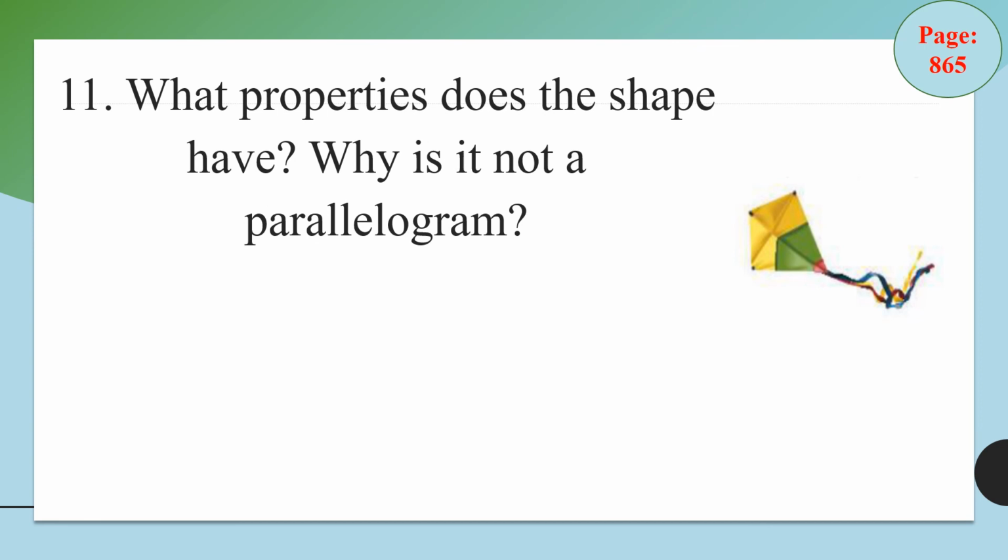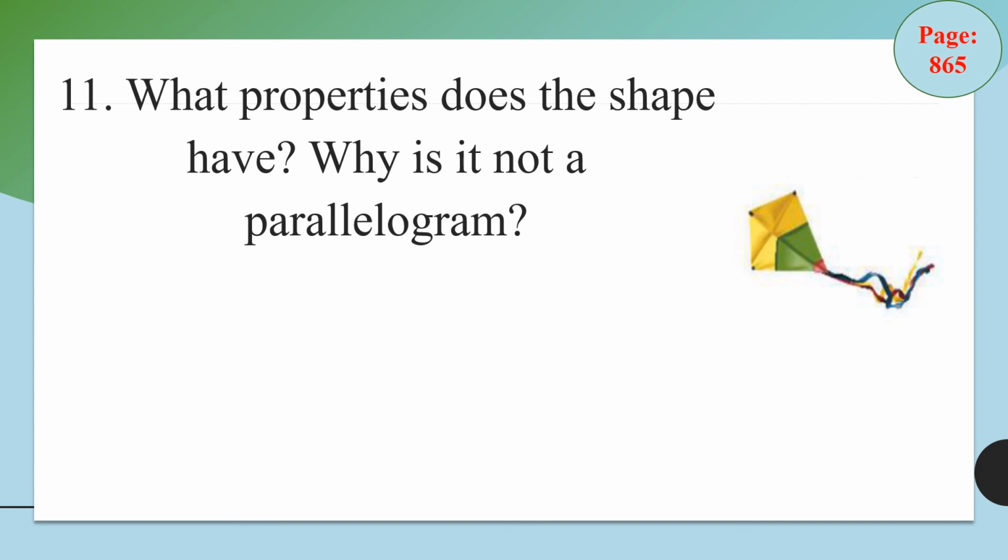Now let's solve a problem from your book, question number 11. What properties does the shape have? Why is it not a parallelogram? Now look at the figure carefully. Does it have 4 sides? Yes. A figure with 4 sides is called a? Yes, you are right, a quadrilateral. Now look at this figure carefully. Does it have any parallel sides? No, it does not have any parallel sides.